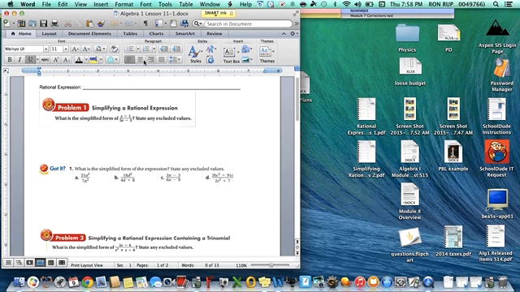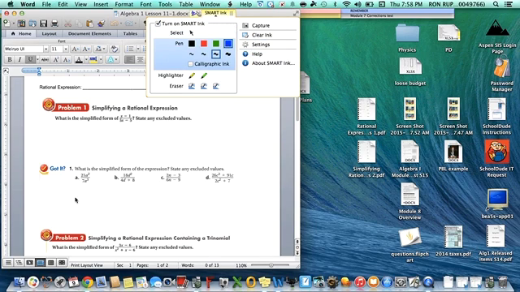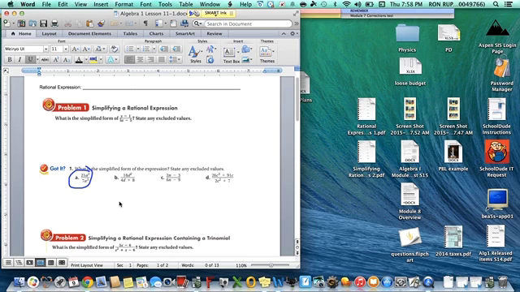So let's start with this one right here. You can look at this as two separate entities, 21 times a squared over 7 times a cubed, and you can physically break that apart. 21 divided by 7 is 3.